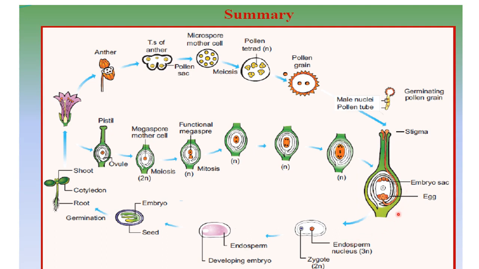In the embryo sac the egg gives rise to a zygote, and endosperm is the nutritive tissue for the growing zygote. These then develop into a seed, with the seed coat having testa and tegmen, and the embryo. This seed germinates into a new plantlet, and this is the process of growth in angiosperms. In a nutshell, this is the sexual reproduction seen in plants.